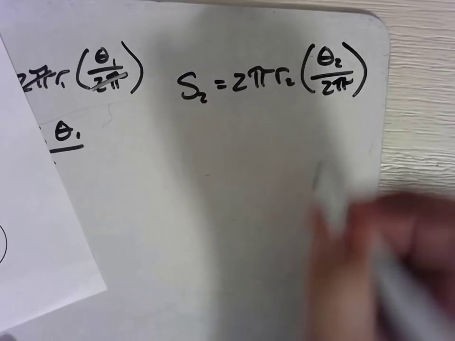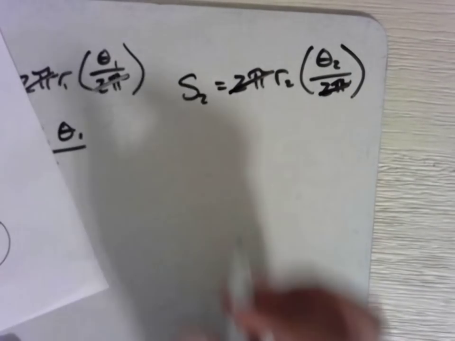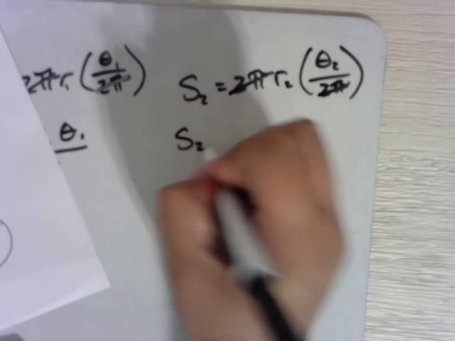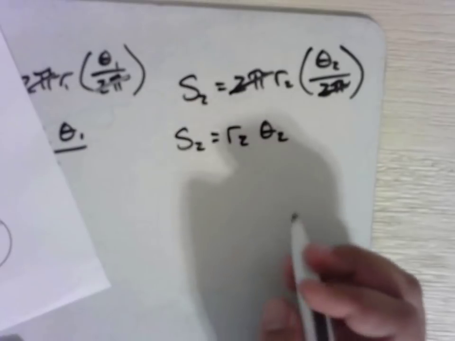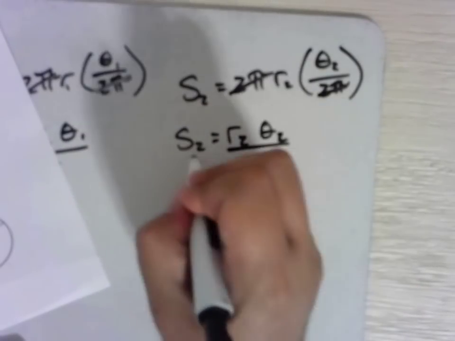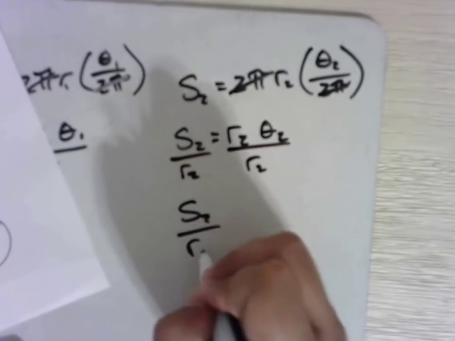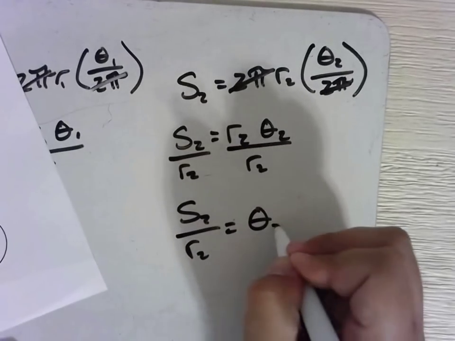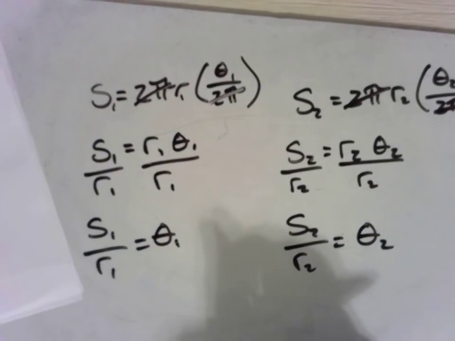They told you this was radians so that it would work. You get arc 2 is equal to radius 2 times theta sub 2, divide by your radius sub 2, and you get arc sub 2 divided by radius sub 2 equals theta sub 2. So I have both of these equations. What do I know about it?